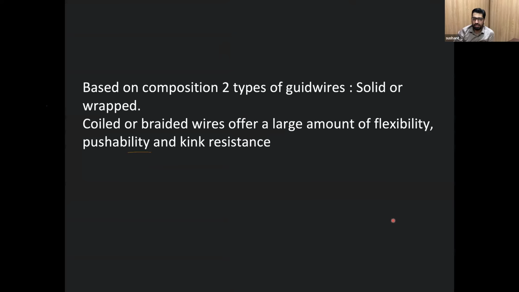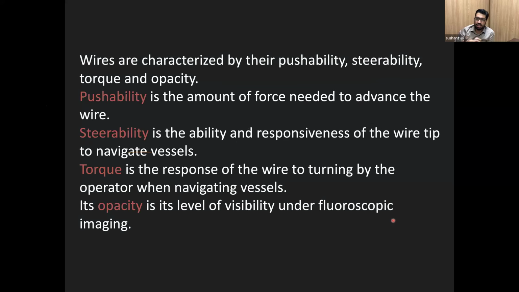These guide wires are used based on our target location, the target artery, and the target vessel we want to go to. They can be solid or wrapped, coiled or braided, and are selected based on pushability, steerability, torque, and opacity. These are the basic terms we use to define guide wires.